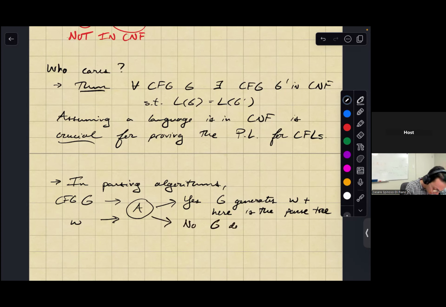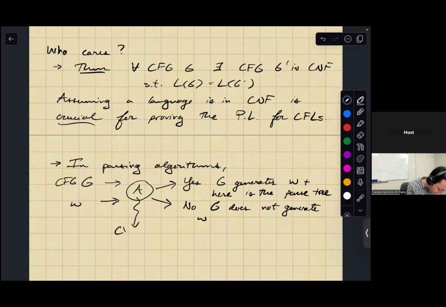No, G does not generate W. So in particular, in the CYKS parsing algorithm, there's an algorithm which is called the CYK, and I like to add S to the name of the algorithm because it's a fellow by the name of Ichiro Sakai who actually invented the algorithm, but instead it was named after C, Y, and K, whose names I actually forget.